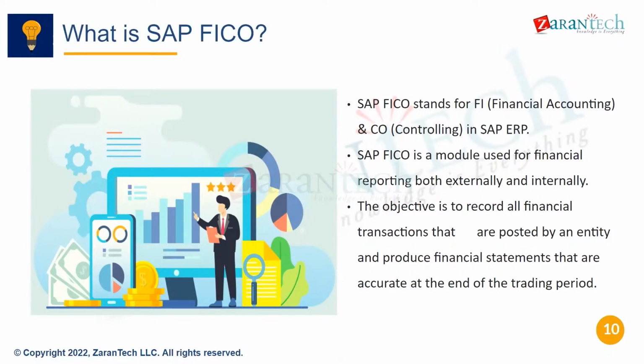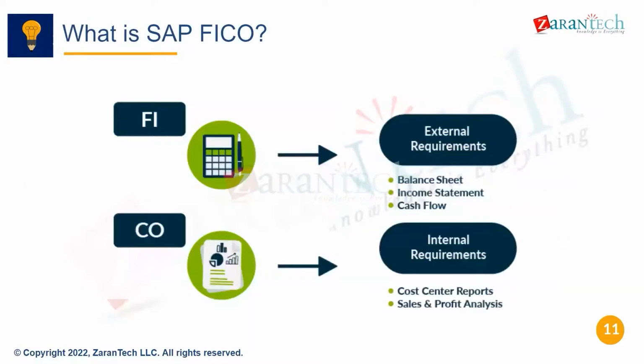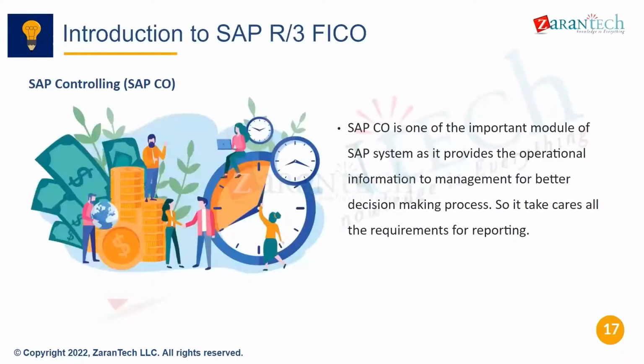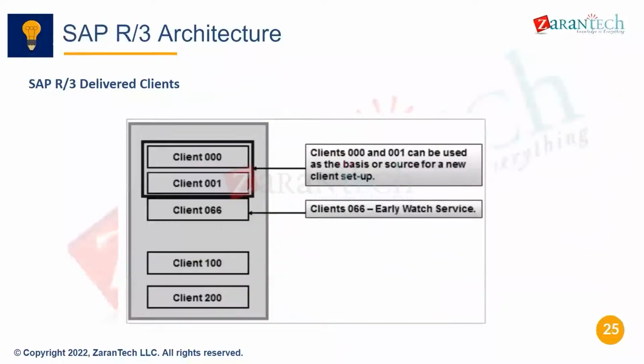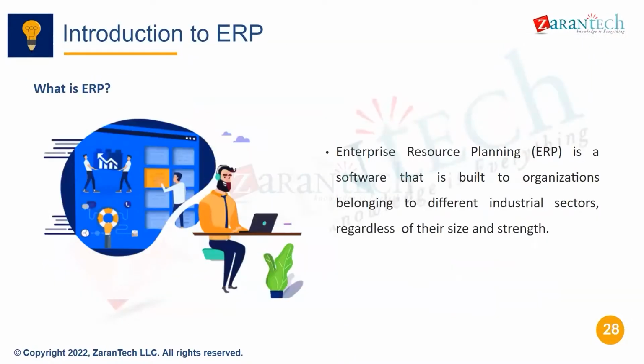So first, we need to understand what ERP is to understand SAP. So we have a few slides on ERP. ERP stands for Enterprise Resource Planning, and it is software built for organizations to manage their businesses.